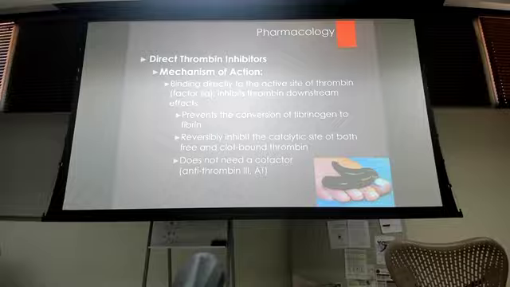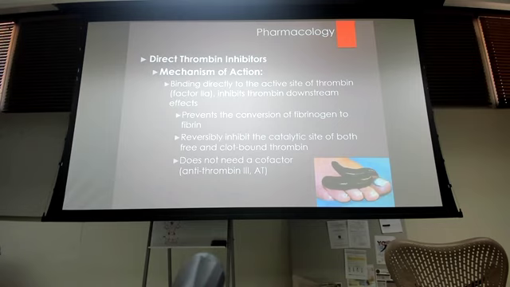You can always look back at your clotting cascade slide, that monster with all the different pathways, intrinsic, extrinsic, the common pathway, and then the platelets. But you can look at where thrombin is in that cascade and notice how it differs from heparin, which indirectly inhibits thrombin by enhancing antithrombin III, whereas the direct thrombin inhibitors do what their name says. DTIs independently bind thrombin.